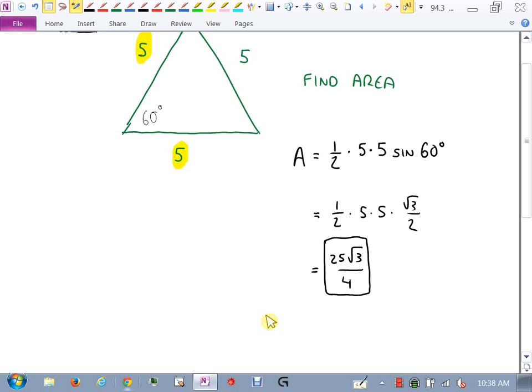I recommend that you do off of page 685. Look at probably 17 through 35 odds.